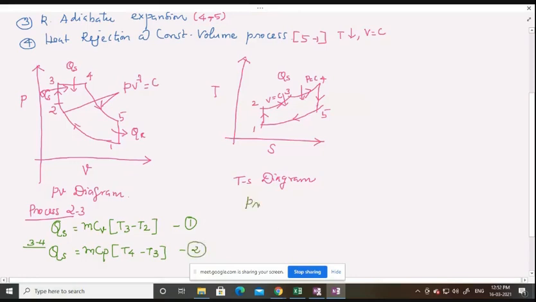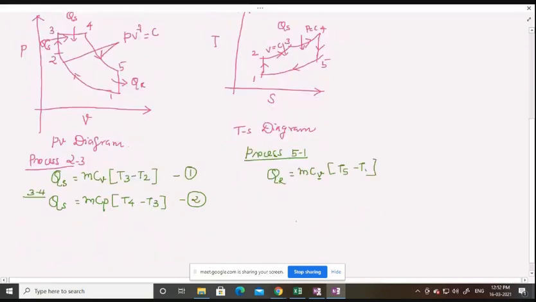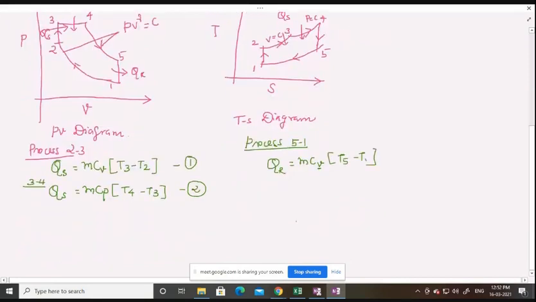And in the case of the process between 5 to 1, there is also some heat rejection. m Cv (T5 minus T1), because you are using Cv here, which is at constant volume. Right?